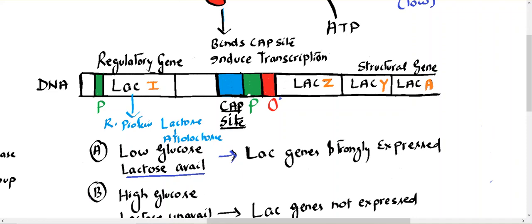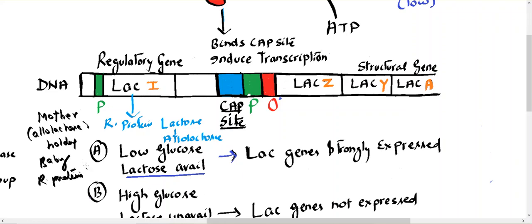So if we remember the concept, guys, like a mother and a baby, let's say there is a mother, the mother is nothing but allolactose, and it is holding the baby, that is the repressor protein, as you can see in the previous image.